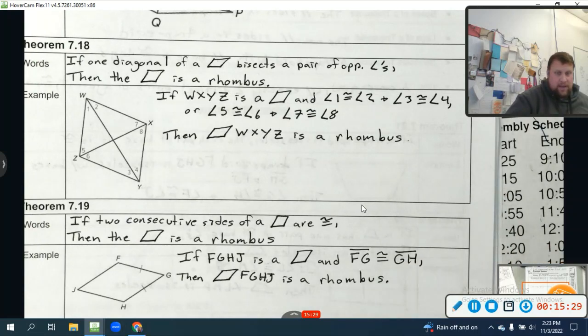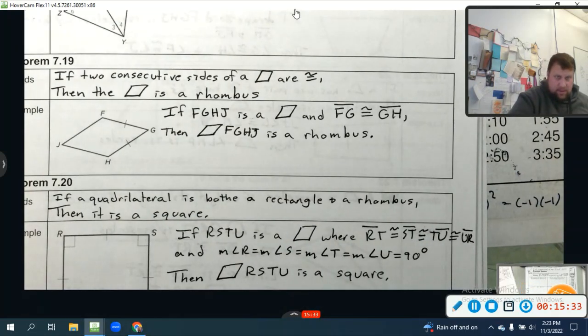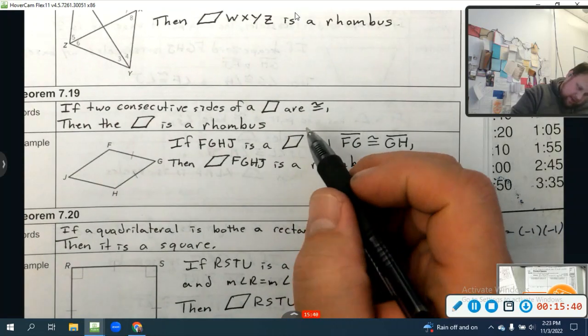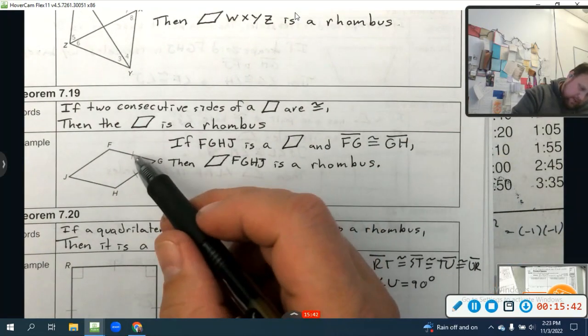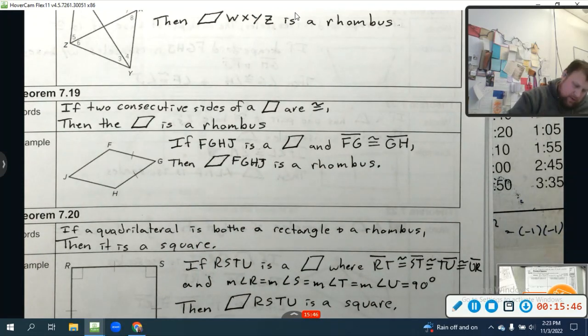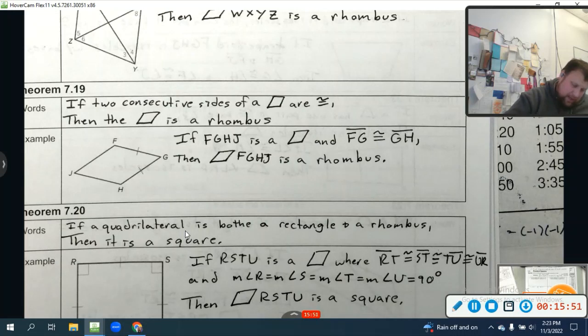For theorem 7.19, if two consecutive sides of a parallelogram are congruent, then the parallelogram is also a rhombus. There we go. And then last, if a quadrilateral is both a rectangle and a rhombus, so same sides, but it's a rhombus, then it is a square.